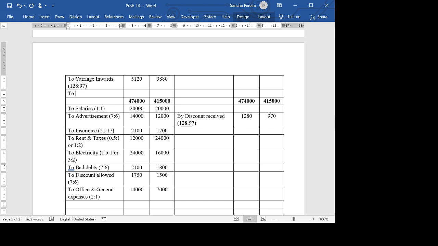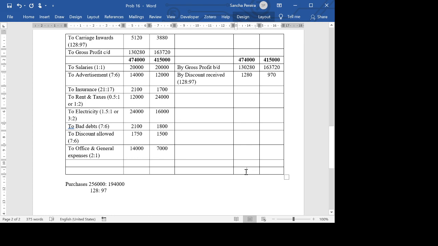So to gross profit carried down, here it is 132,80 and 163,720. By gross profit brought down, 132,80 and 163,720.